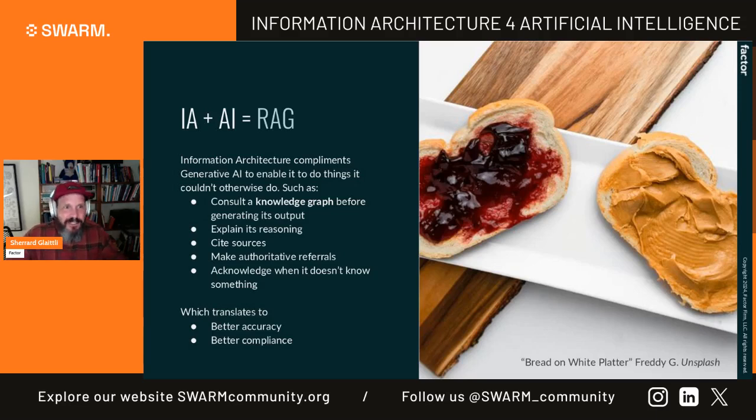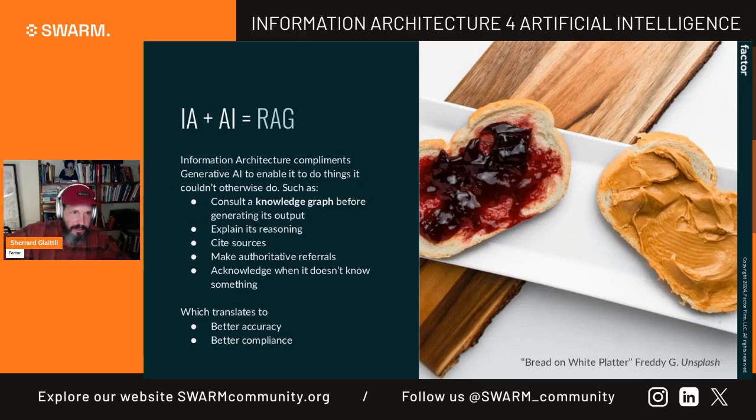Imagine that. So instead of just doing a statistical analysis of the language model and figuring out what would be the statistically most accurate or appropriate response, there is a retriever that sits between the input and the prompt and mediates that and says, okay, based on this input, look up against this knowledge graph, and only frame your context within the information in this knowledge graph.